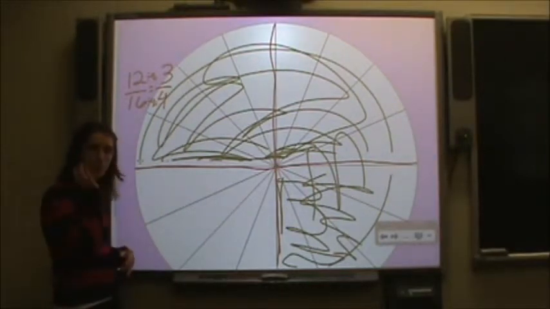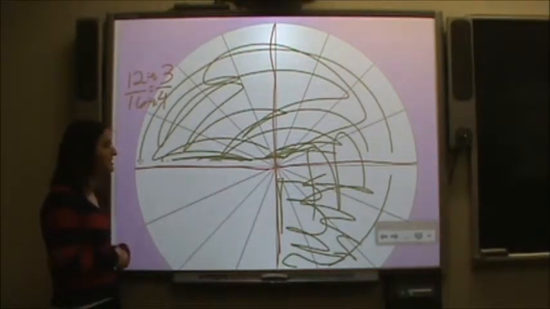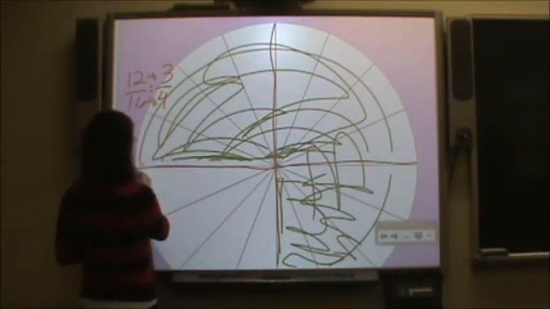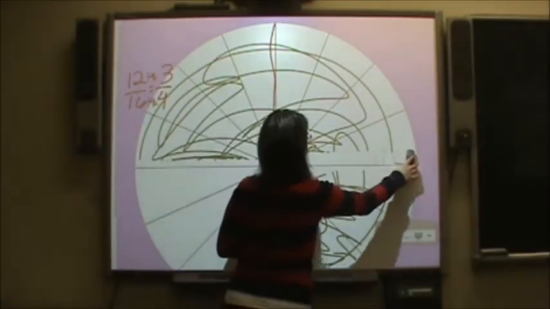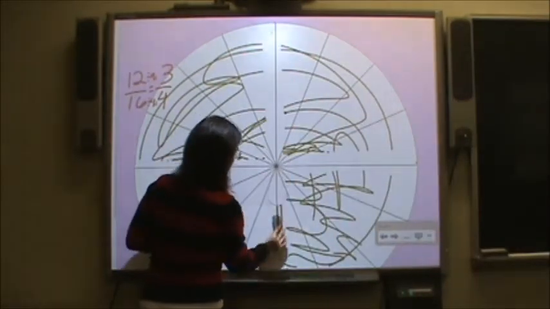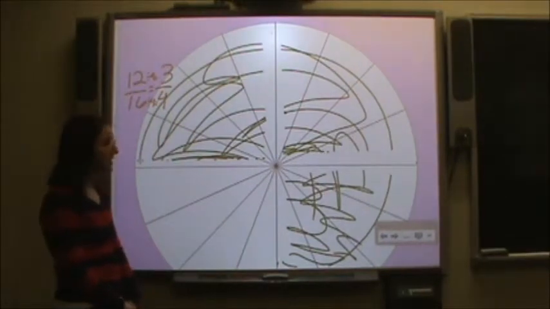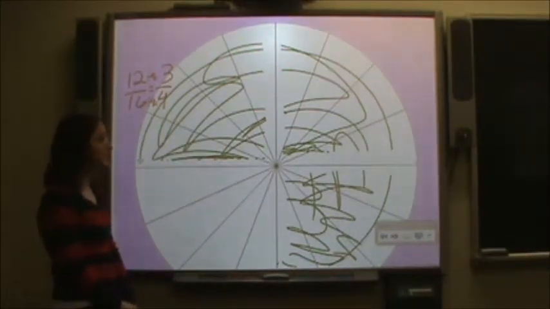Let's see if I can make any more equivalent fractions by dividing this into larger pieces. So I'm going to erase these red lines just so we don't get confused. What if I split it into 5 pieces? Nope, that won't work because 5 doesn't go into 16 evenly. 6 pieces? No. 7?